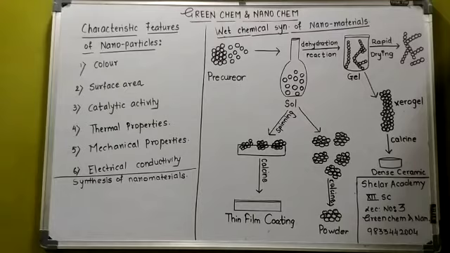So the mechanical property of nanoparticles is very high. The thermal conductivity is observed to change at the nanoscale. For example, the carbon nanotube can act as a conductor or a semiconductor in its behavior. So these are the characteristic features of the nanoparticles.